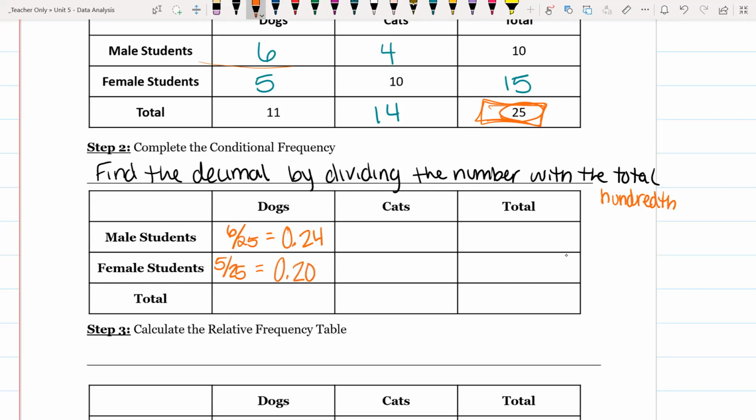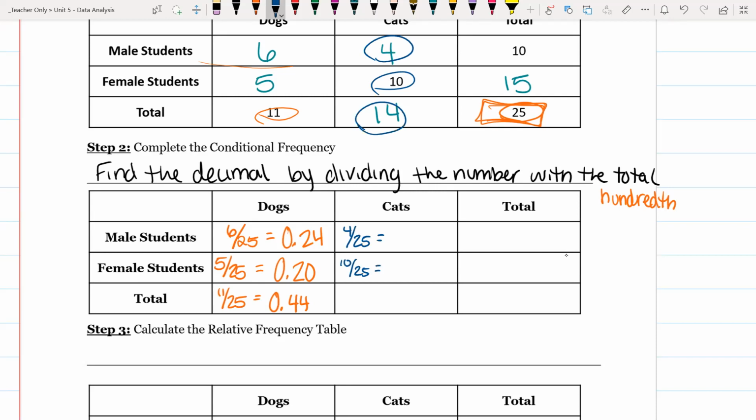0.20. Okay, our total for dogs was 11 out of 25. What is 11 divided by 25? 0.44. Okay, so we're taking our total number and dividing it. Okay, so our cats, we had 4 out of 25. And for female, we had 10 out of 25.